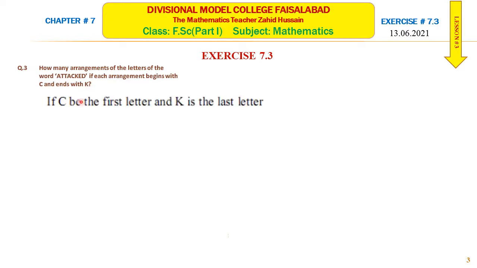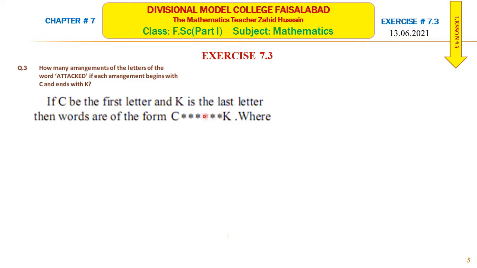So your arrangements will be of this type. If C is the first letter and K is the last letter, then words are of the form: C is fixed at the first place and K is fixed at the last place.